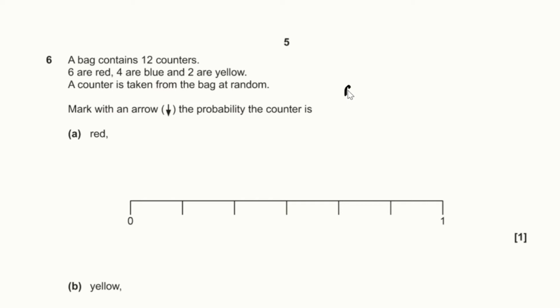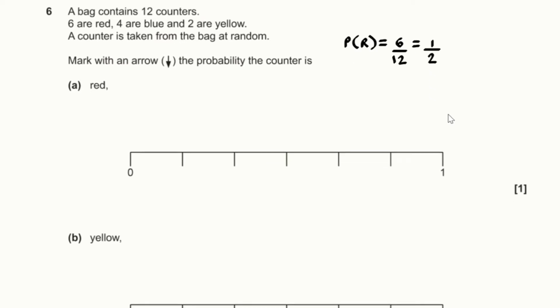So the probability of obtaining a red is 6 out of 12, which is equal to 1/2. So the 1/2 goes here, and we mark our arrow over here.